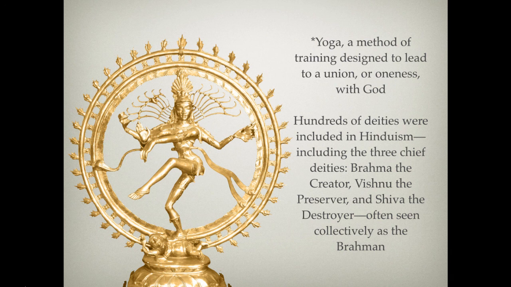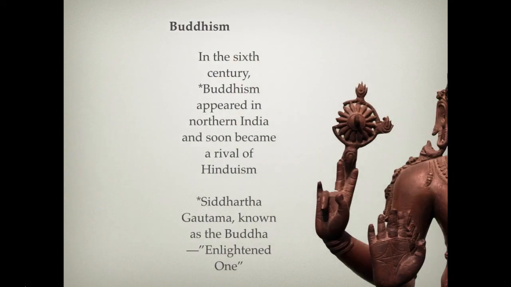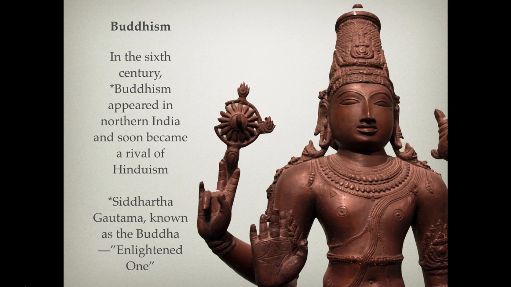So you can see some parallels here to other religions. But the concept is that there are many different gods, and all of them can or should be worshipped in different forms and fashions.